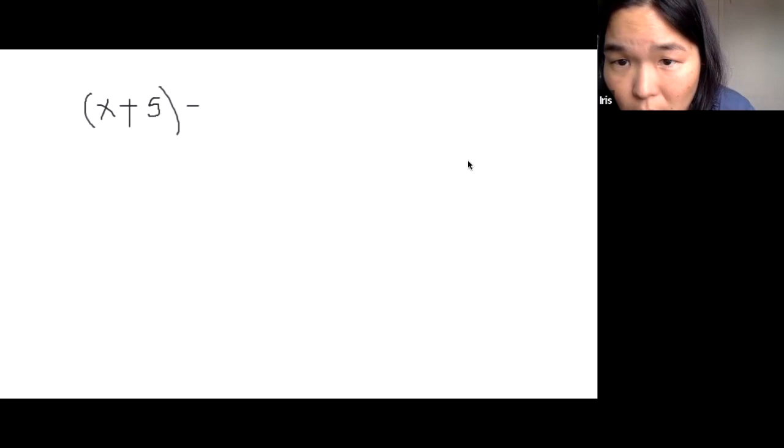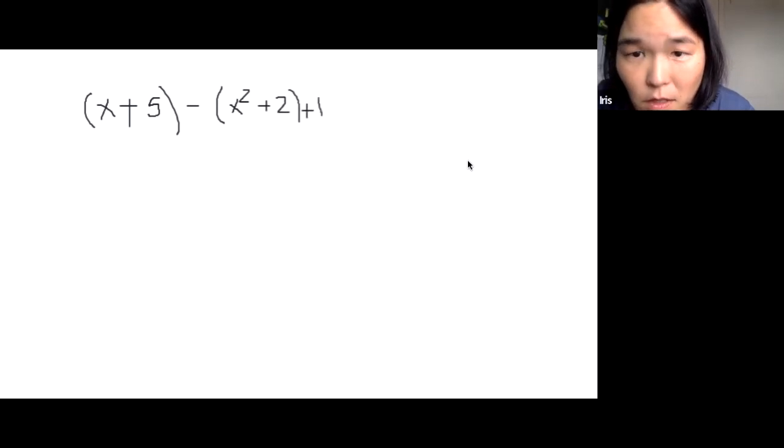Minus, x squared plus 2, and then plus 1. That's it, right? So this is equal to, I still have the x plus 5. I just leave it as x plus 5.